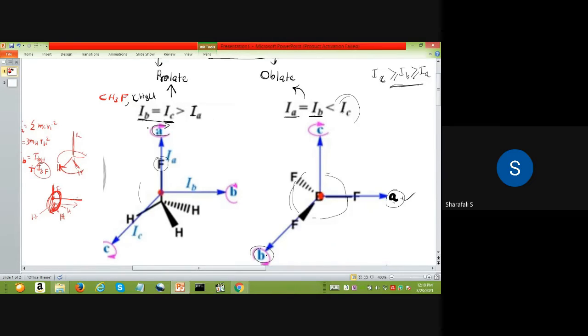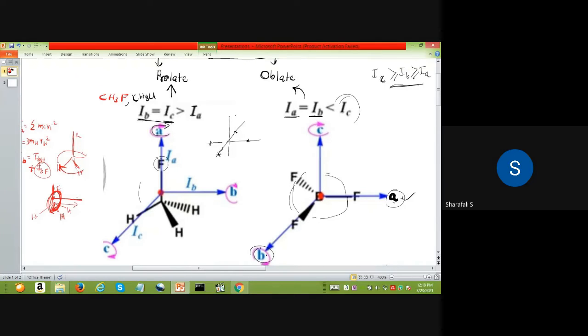And if you want to draw that for this case, consider this is your IC, and these two will have the same moment of inertia. So let's consider this is the IA value, this is the IB value.